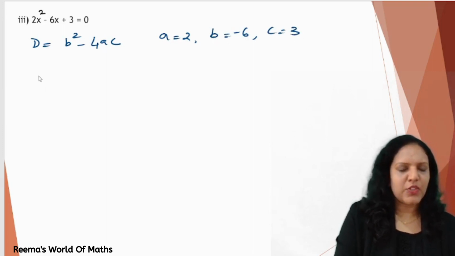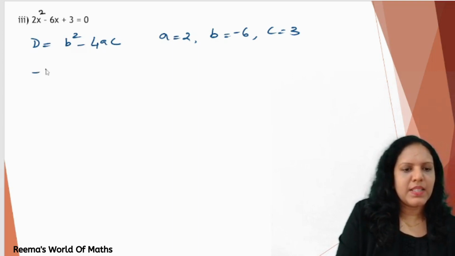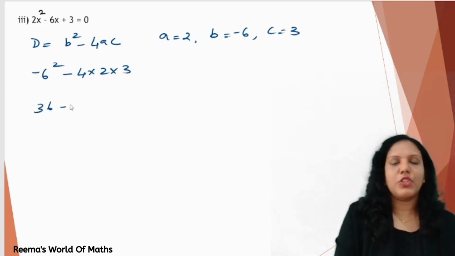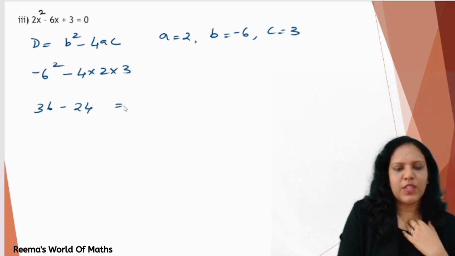So D is equal to minus 6 squared minus 4 times 2 multiplied by 3. That is 36 minus 4 into 2, which is 8. 8 times 3 is 24, so 36 minus 24 is 12. Here D is greater than 0.